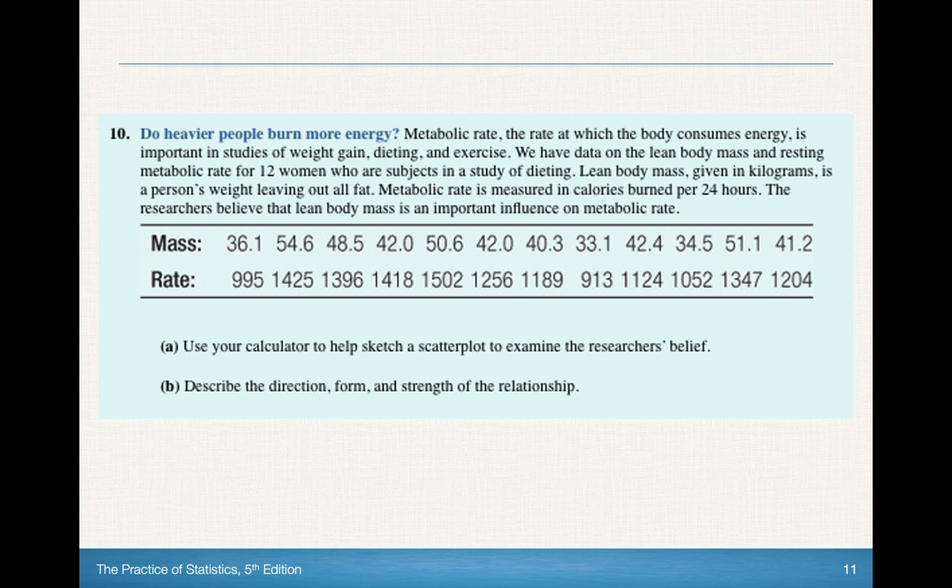Lean body mass, given in kilograms, is a person's weight leaving out all the fat. Metabolic rate is measured in calories burned per 24 hours. The researchers believe that lean body mass is an important influence on the metabolic rate. And they give you the data. So here is the mass and the metabolic rate.